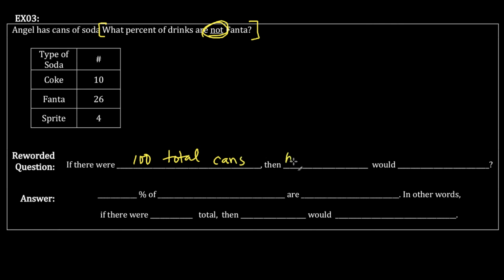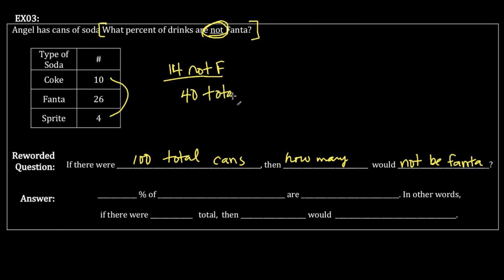Then how many would not be Fanta? Well, we know that there are 10 and 4, so 14 are not Fanta, out of 40 total.